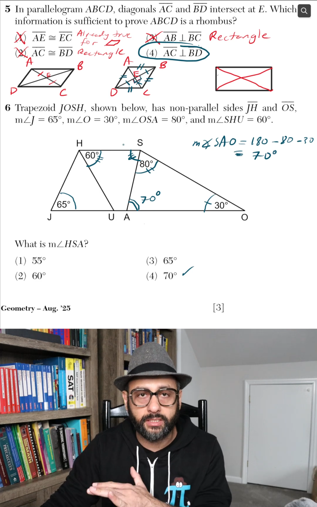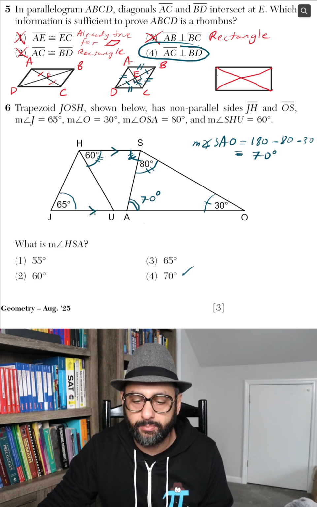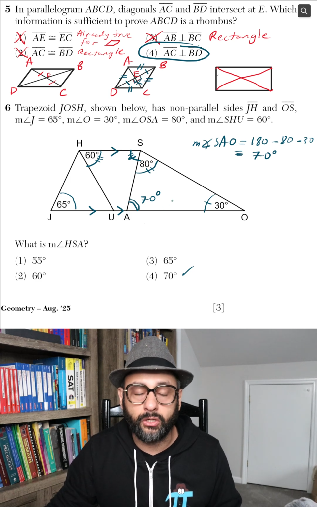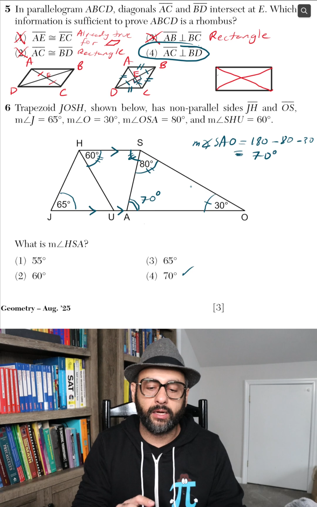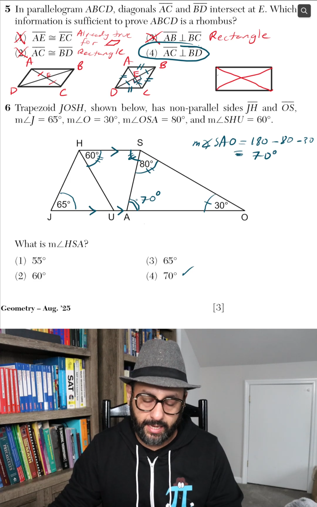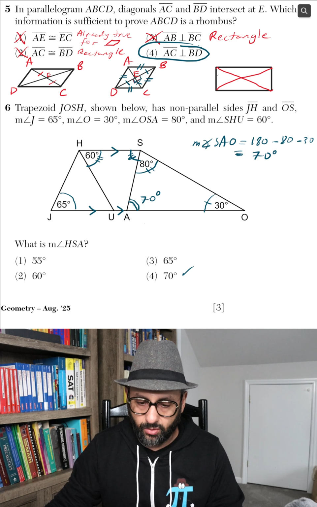I'm going to use the fact that alternate interior angles are congruent when you have two parallel lines. Remember that this line and this line are parallel. This line and this line are parallel. So I'm going to use alternate interior angles. But it turns out in this one, you could actually do more angle chasing to get the answer. That's okay. So this is a 70-degree angle.